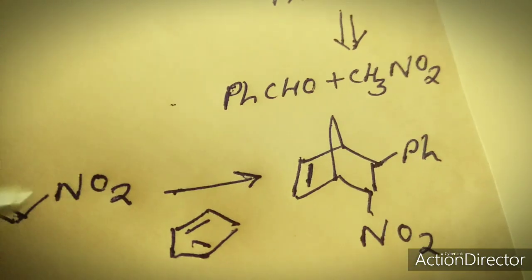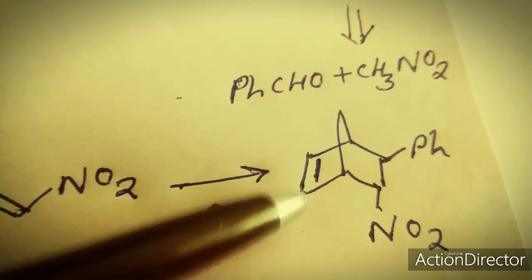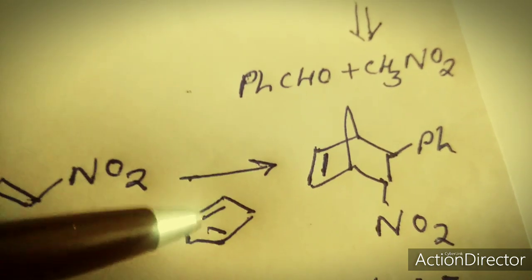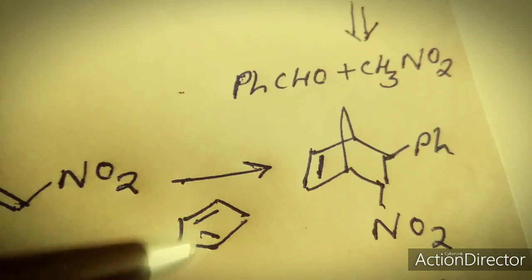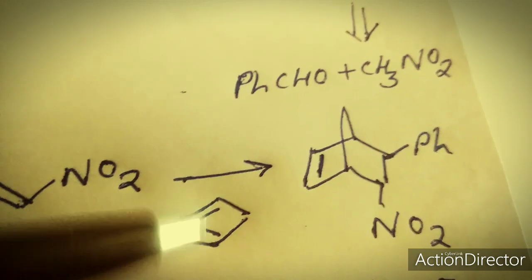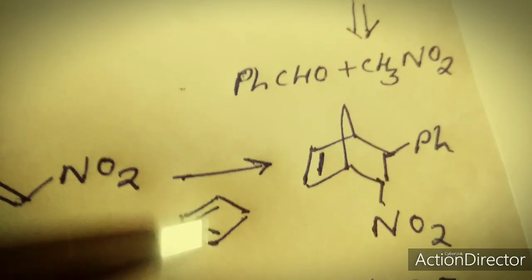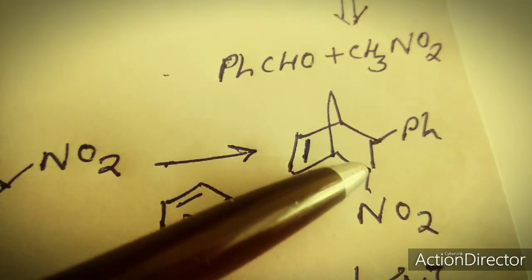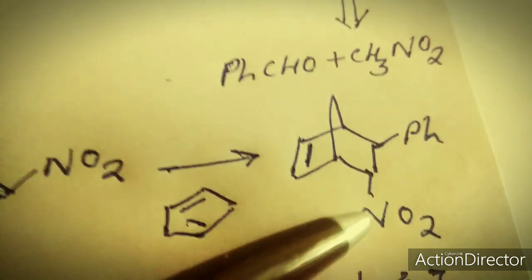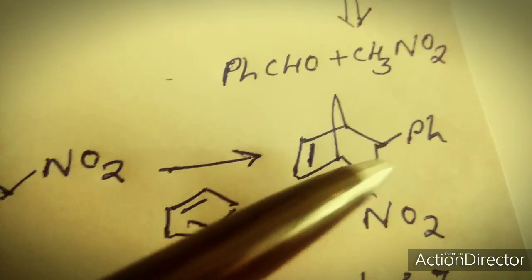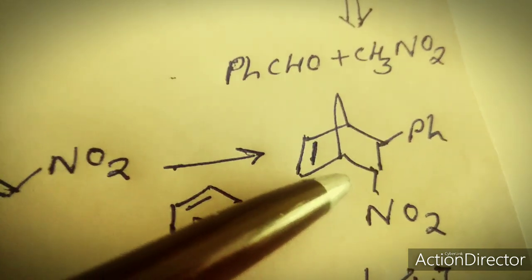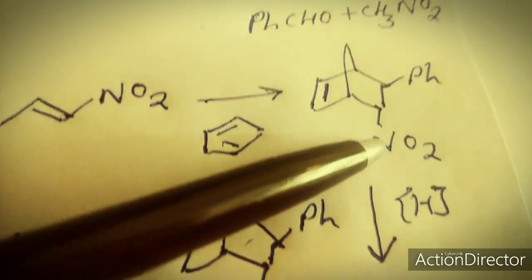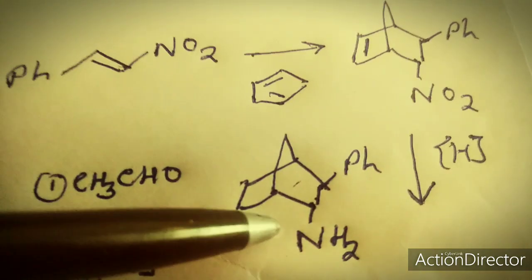Cyclization therefore gives rise to this compound, because the double bond is now changed to this single bond. Rather than the diene, it is now an ene. And at this end, where there was a double bond, we have an NO2 and a phenyl ring. Now this on reduction will give us NH2.